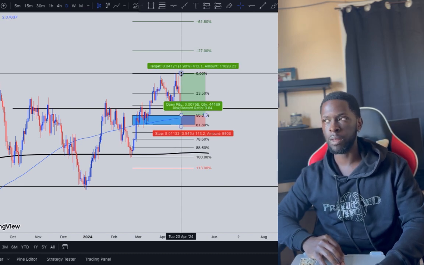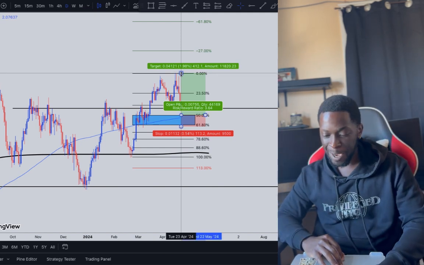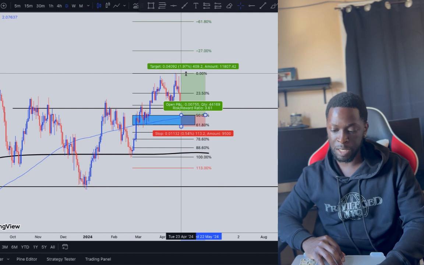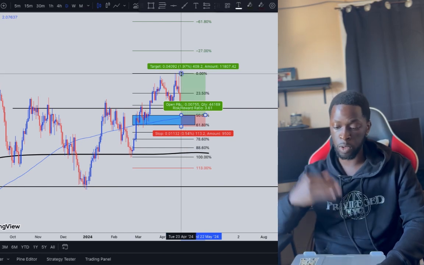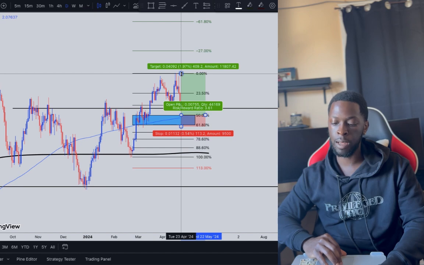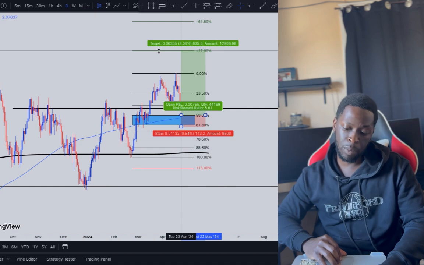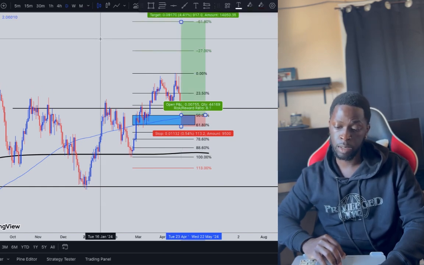It's the high. My take profit is the high, which would be the 0. Just always line up take profit 1 with your 0 wherever you drew the fib. Take profit 2 would be the 27. And if you're feeling ballsy, your take profit 3 can be the 61.